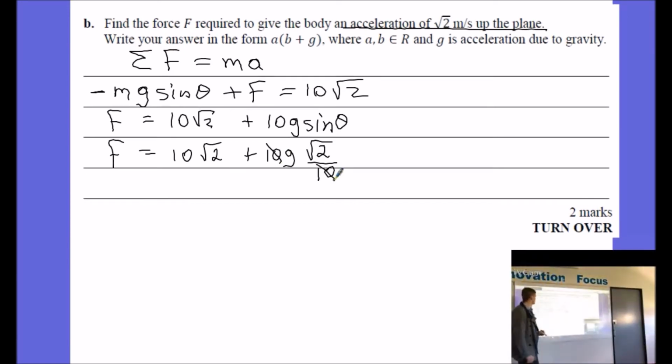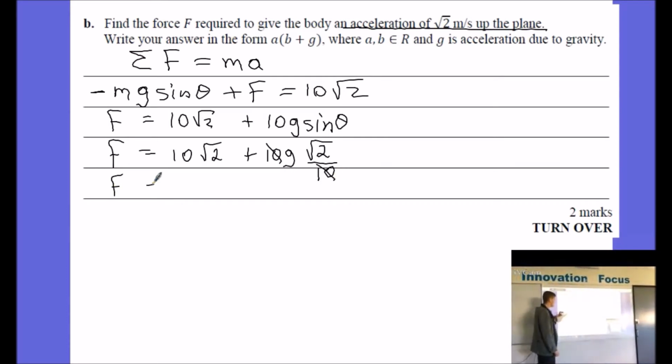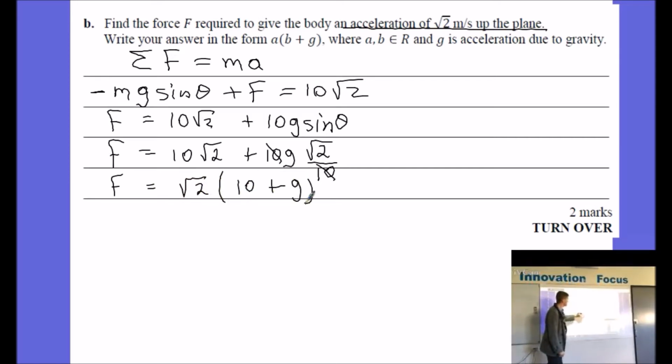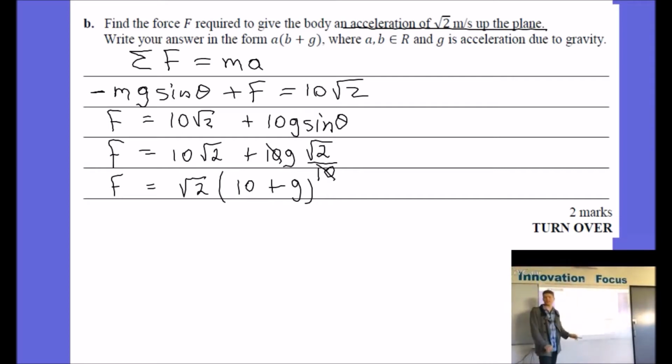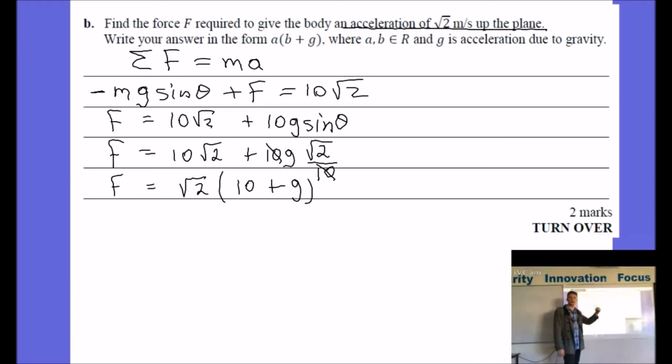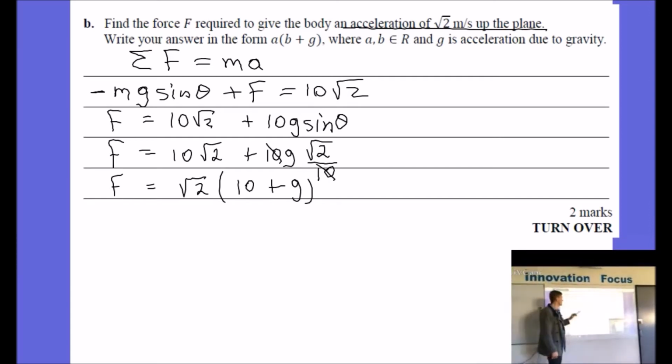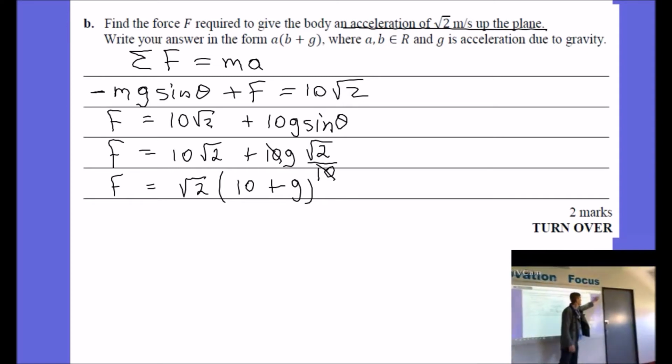Factors of 10 will cancel, and then we'll have a square root of 2 outside of a 10 plus G, in newtons. With part A, part B, or part C questions, they are connected to each other, so we need to always link back to the previous question. Let's do the next part.